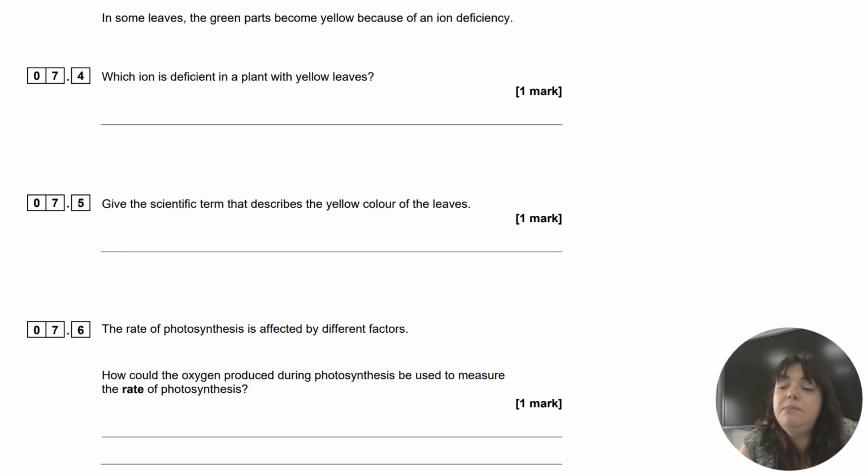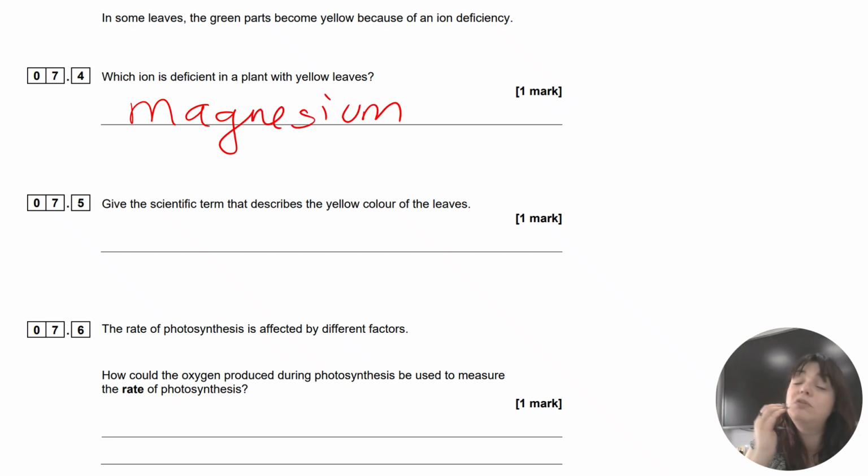In some leaves, the green parts become yellow because of an ion deficiency. Which ion is deficient in a plant with yellow leaves? Okay, so it is magnesium. Now, to be fair, it will also allow nitrate, not nitrogen, okay?